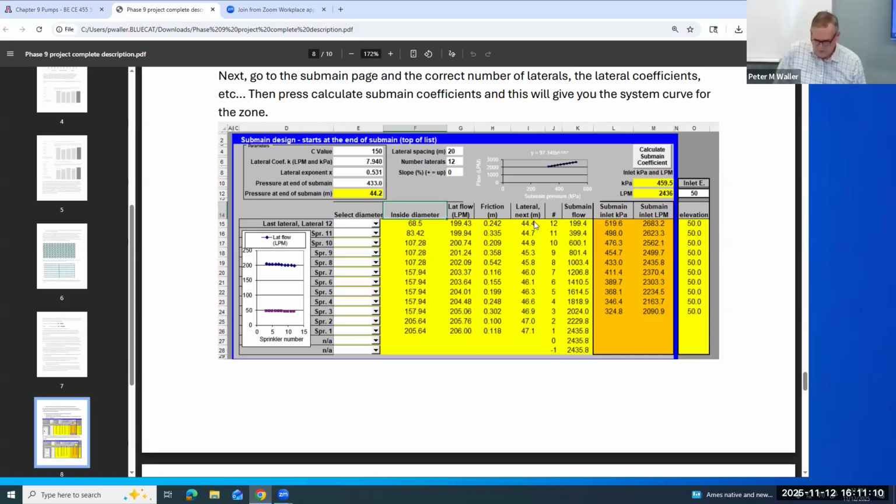And so I've gone from 44 up to 47, which isn't great, but then I can calculate my submain coefficient. And so that is 97 times x to the 0.5 or something. So that's the system curve for the whole system.